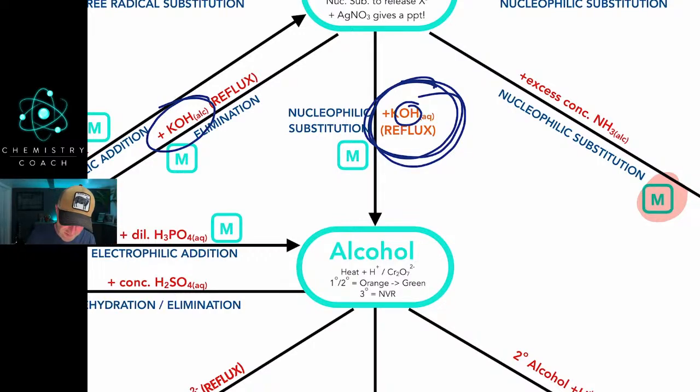It's the hydroxide that's the important bit. But aqueous gives you alcohol, and alcoholic gives you alkene. It'd be nice if alcoholic gave you the alcohol, but that's just not the way it is, sadly. So aqueous gives you the alcohol, alcoholic gives you elimination and the alkene, folks.